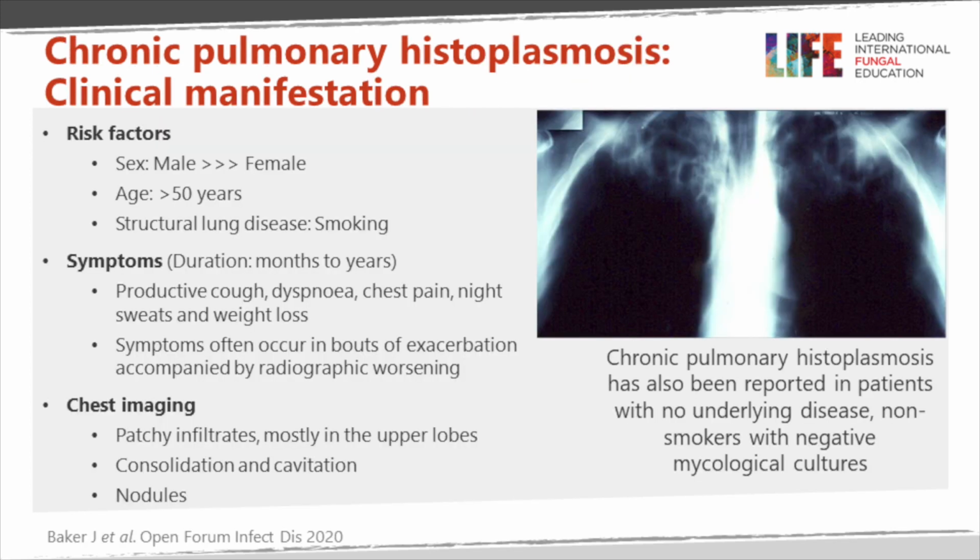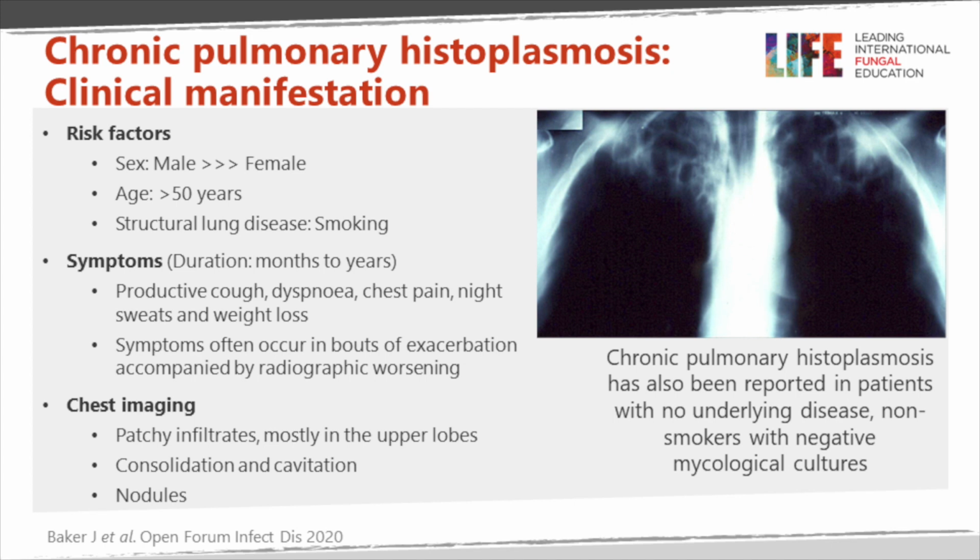Another manifestation is chronic pulmonary histoplasmosis. This is probably most common in smokers and men over the age of 50, and the presentation is usually over months or years. Productive cough, dyspnea, chest pain, night sweats and weight loss are very typical, and radiologically it's similar to tuberculosis, although it doesn't look quite the same, so it may be mistaken for TB, and certainly these symptoms are very characteristic of TB.